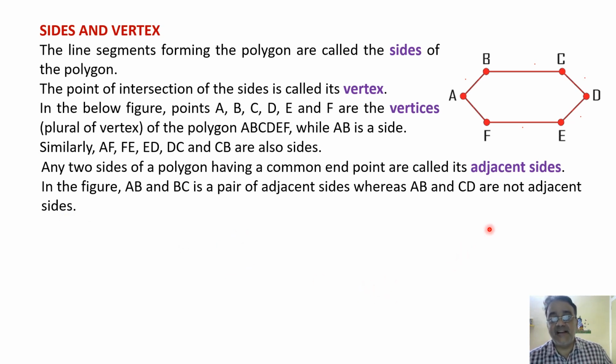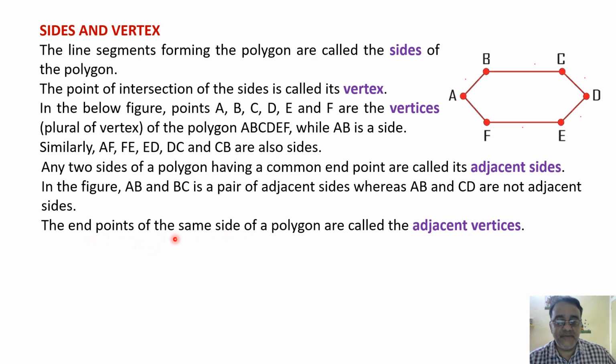अभी next adjacent vertices. Two vertices having the same side. ठीक है, मैं फिर से रिपीट कर रहा हूं, the end points of the same side of a polygon are called adjacent vertices. जैसे ये line segment, इसके दो end points है, देखो कौन कौन से, A और B. These two points are the adjacent vertices.